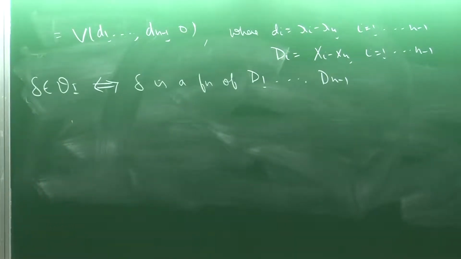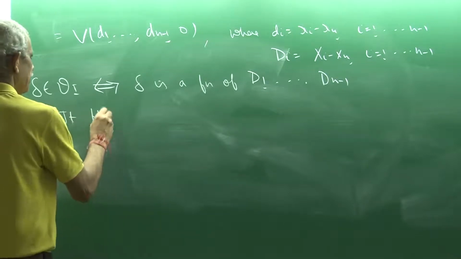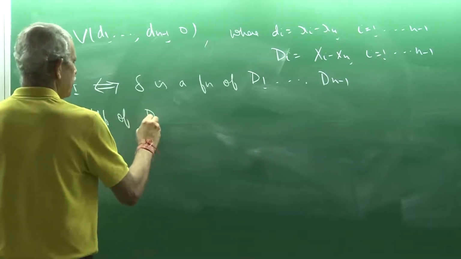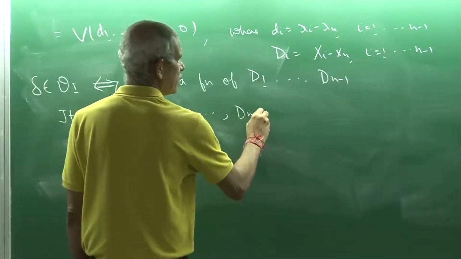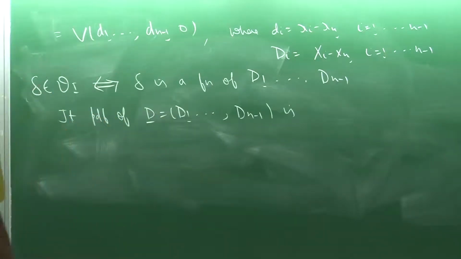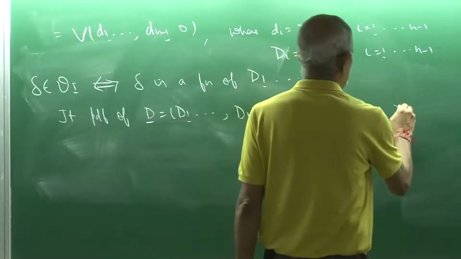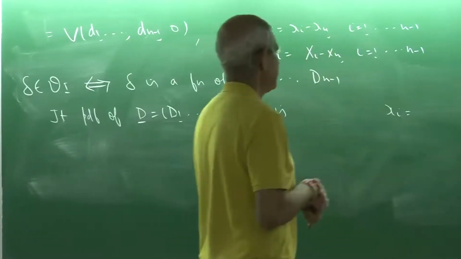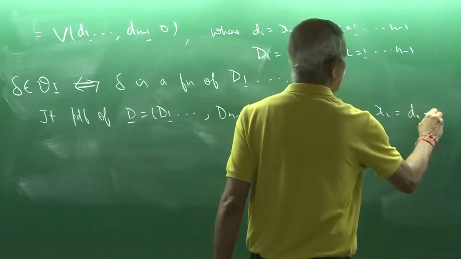So what I do now is I look at what is the PDF of d1, d2, ..., dn minus 1. So the joint PDF of D, which is d1, d2, ..., dn minus 1. I have to make a transformation: xi as di, and xn let me put as t.